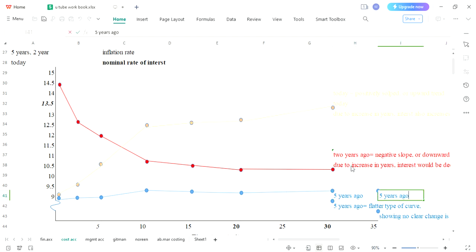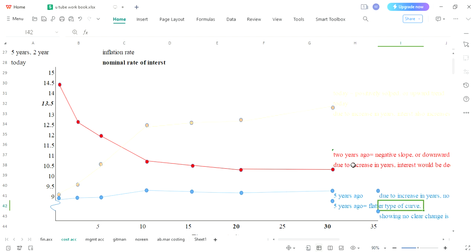For 5 years you are saying: due to increase in years, no change in rates, or we can say no clear change in rates.